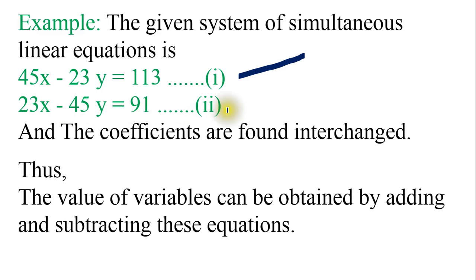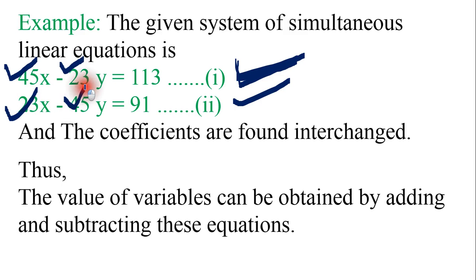So what you are seeing in this problem, you should focus according to this sutra. You see 45 is here, 23 is here. Now 23 came here and 45 came here. So what does it mean? It is interexchanged.